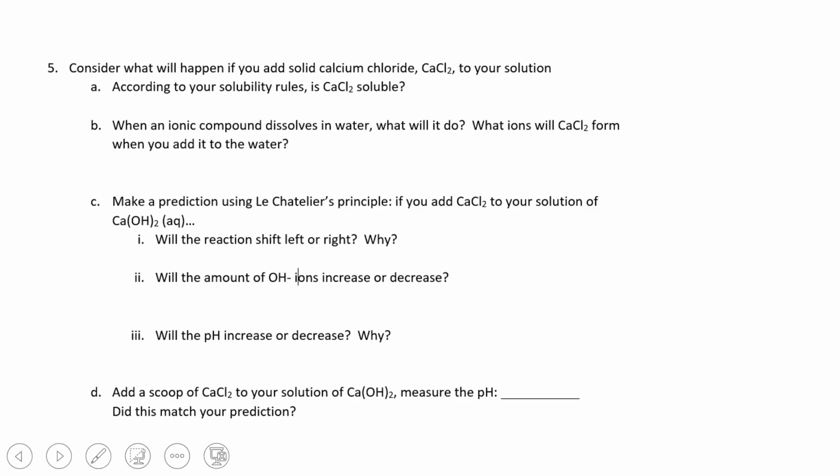All right, so now I want to see what happens. What if we dump in some calcium chloride? So we had some calcium chloride pellets there, and that is a solid. So first you want to ask yourself, is calcium chloride soluble?